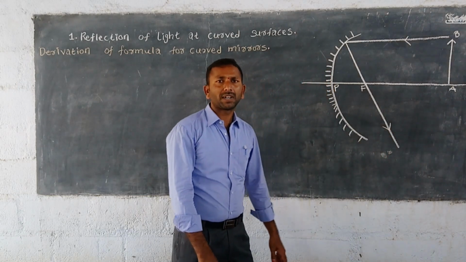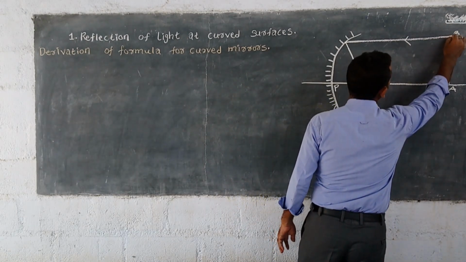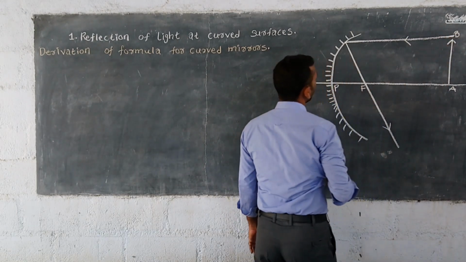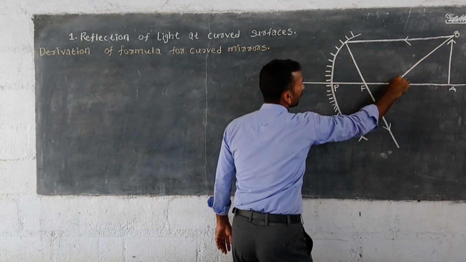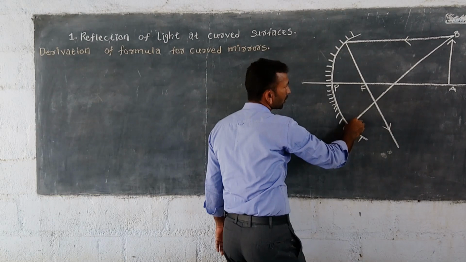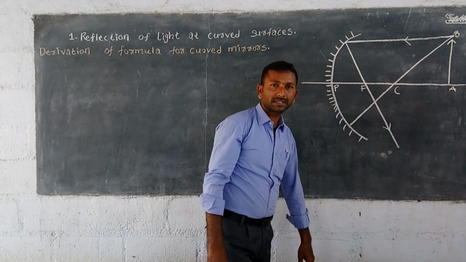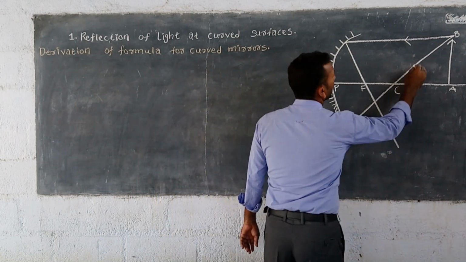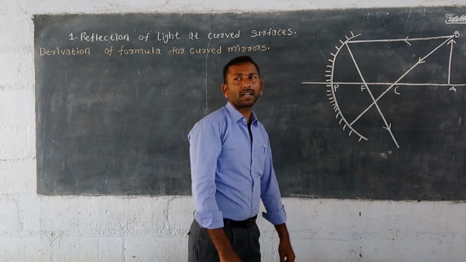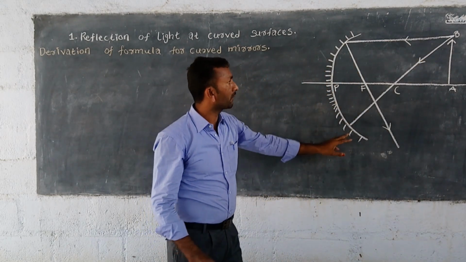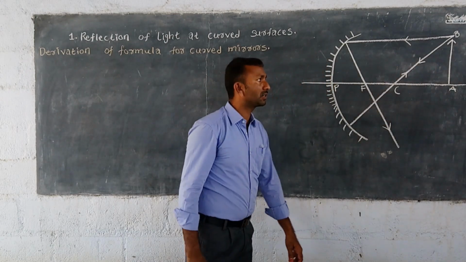And what is the next light ray? From the same point, the top of the object, the light ray is coming from the object and going through the center of curvature C. And we know the rule: if any light ray is going through the center of curvature, then after incidence on the mirror surface, it reflects back through the same path but in the opposite direction.